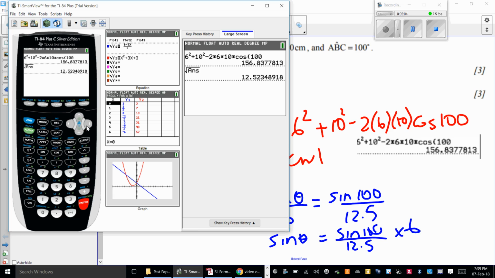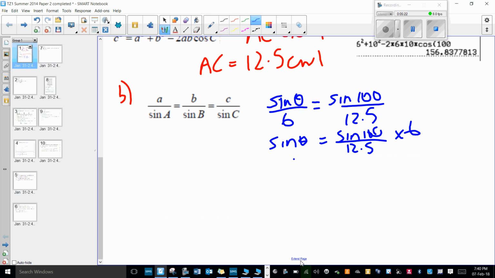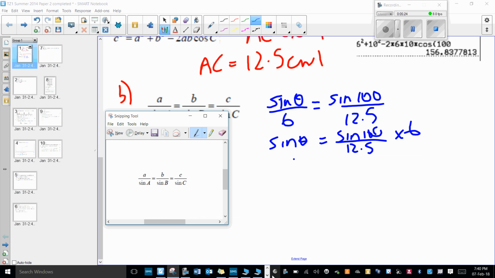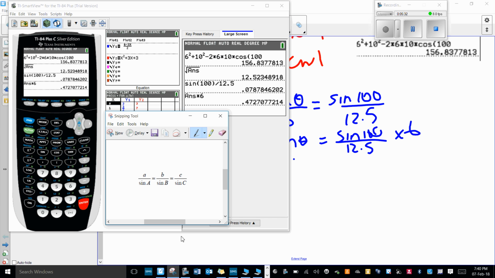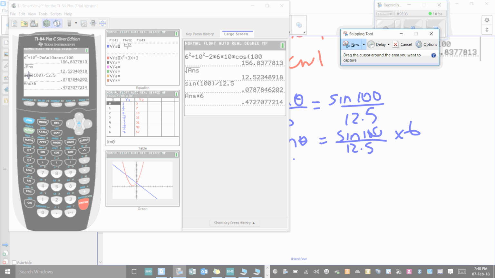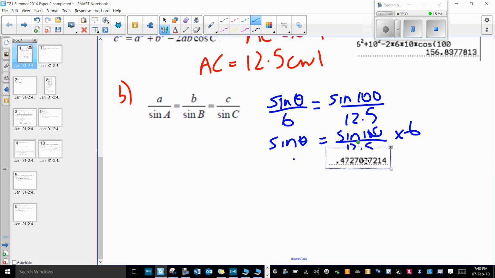So sine 100 divided by 12.5 multiplied by 6. Okay, that gives me that value, but remember that's the sine of it.